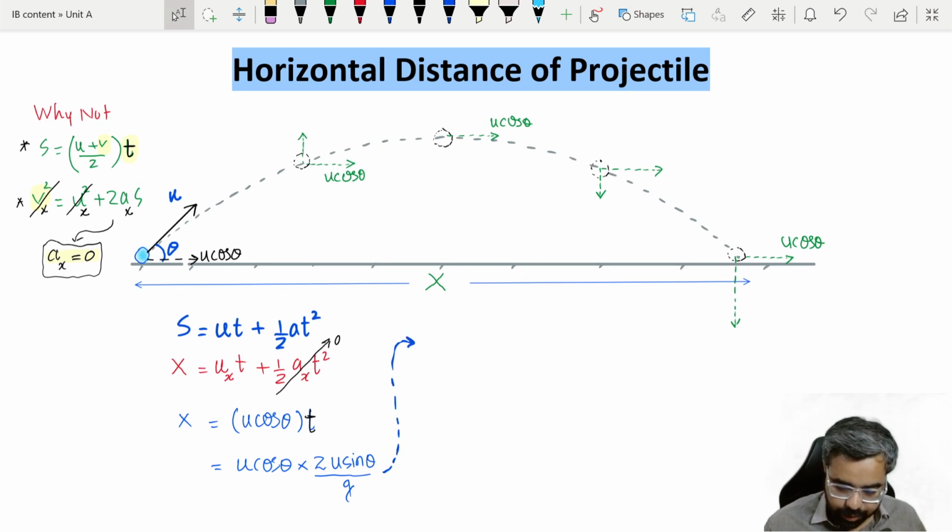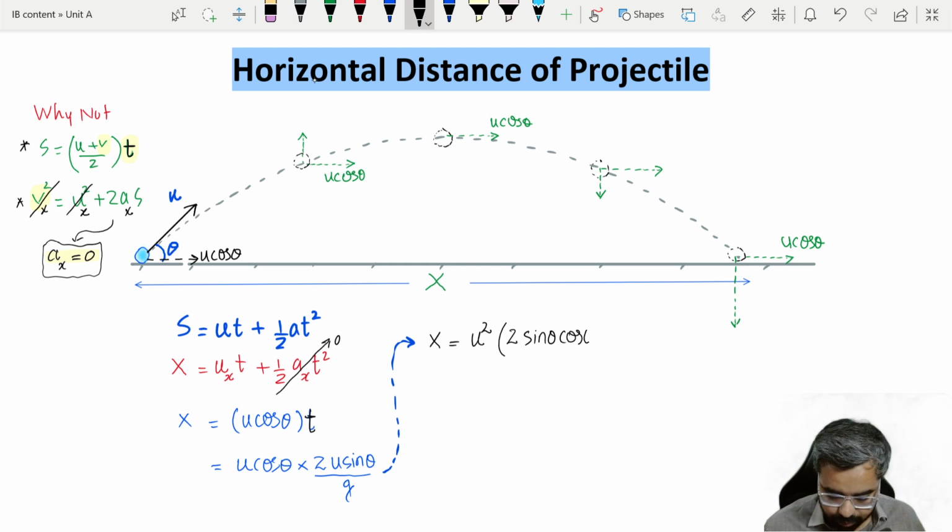Now we will adjust it. We want to find the horizontal distance, so here it will be u squared, and I can bring this to u sin theta and cos theta, so 2 sin theta cos theta divided by g.